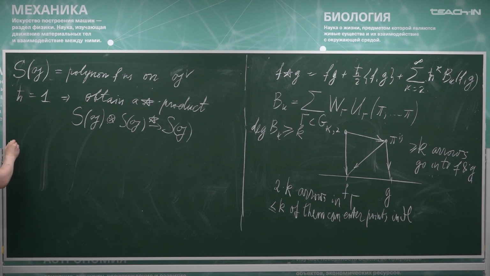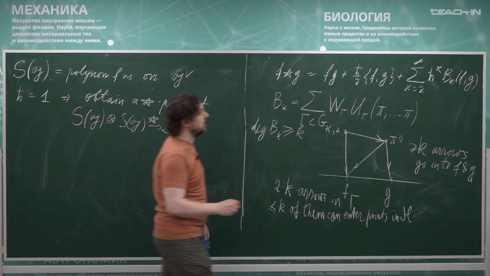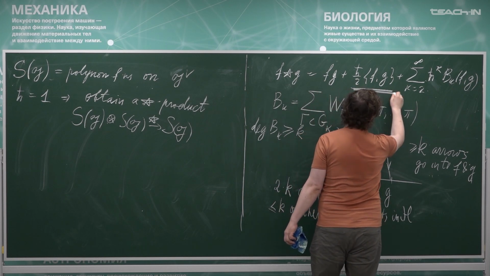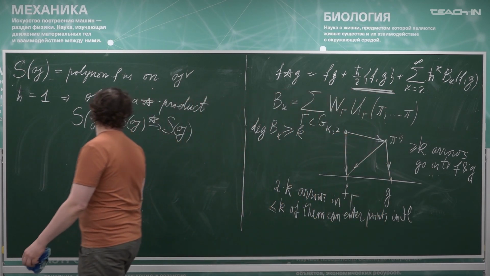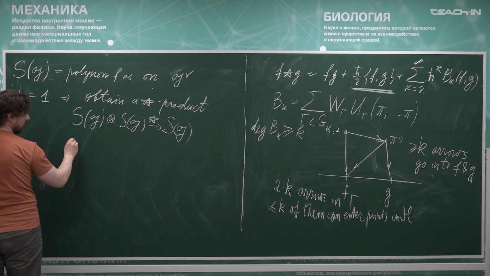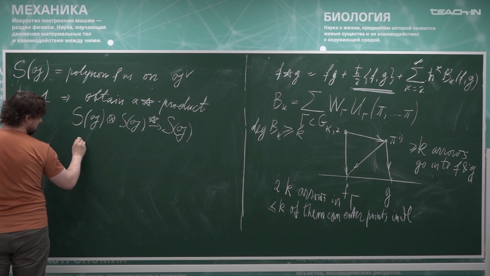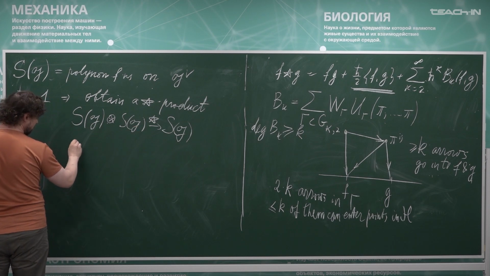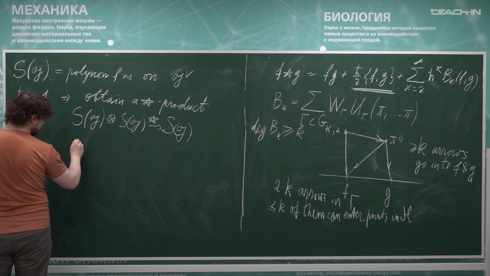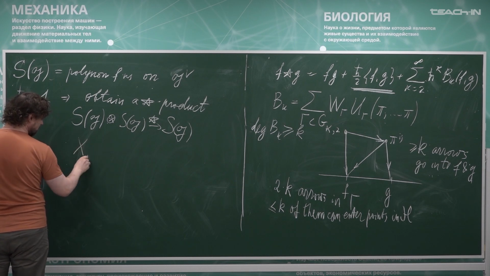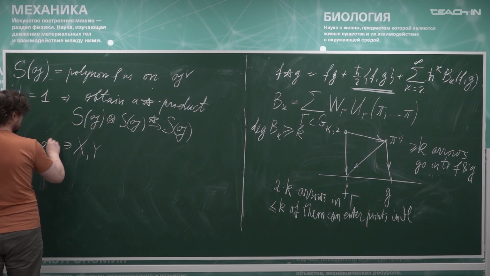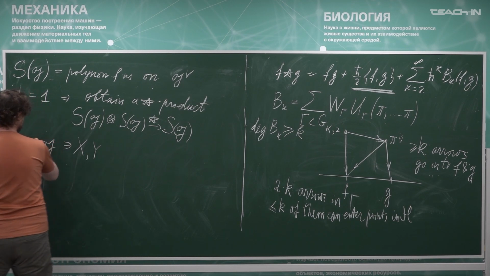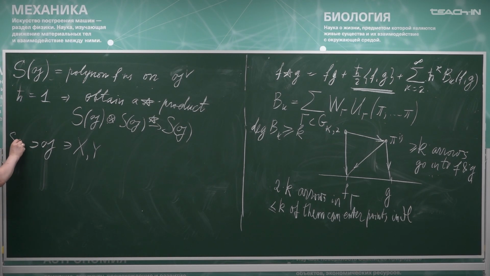On the other hand, since the first term here is given by the Poisson bracket, we conclude that the first term of this star product is given by it. It means that if we take x and y from G itself, of course G is a subspace in SG, right?